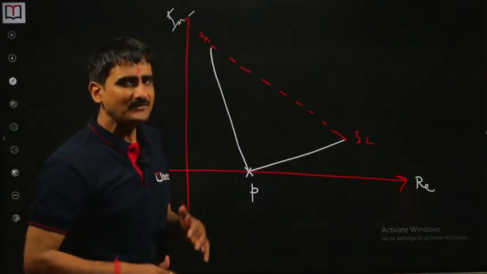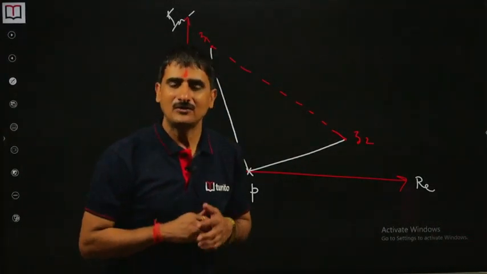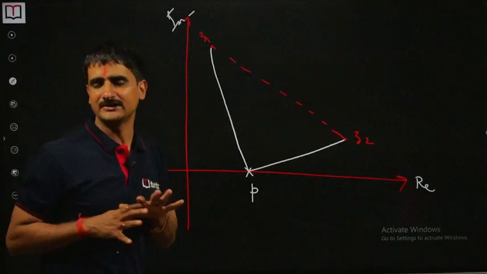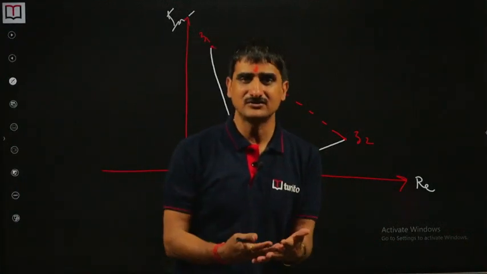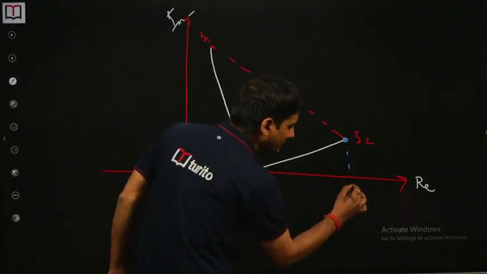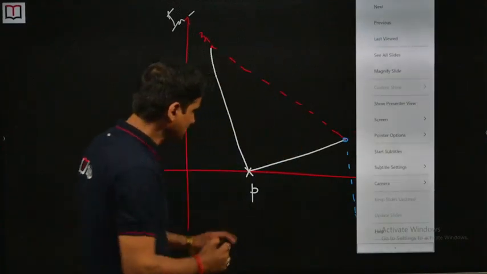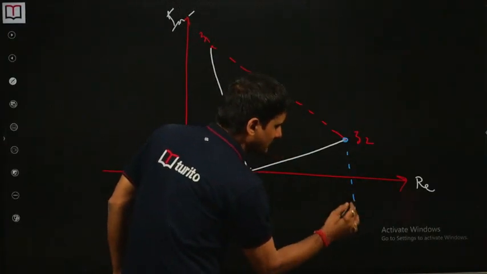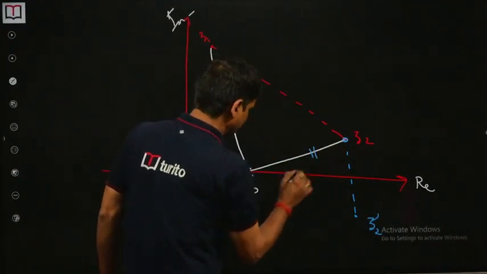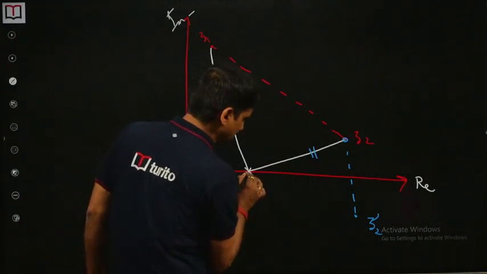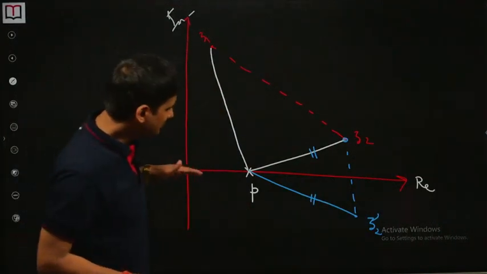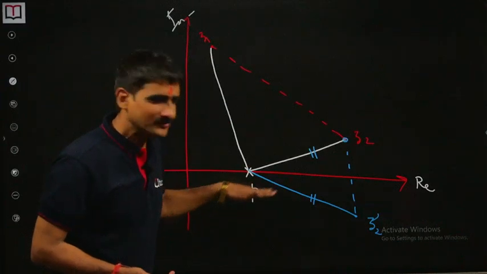Now, whenever you come across such a situation, what do we do? What I suggest here is, rather than using application of derivatives or maxima-minima, just take the mirror image of Z2 on the line on which your P lies. I call it Z2 dash. Since it is a mirror image, PZ2 and PZ2 dash are equal.